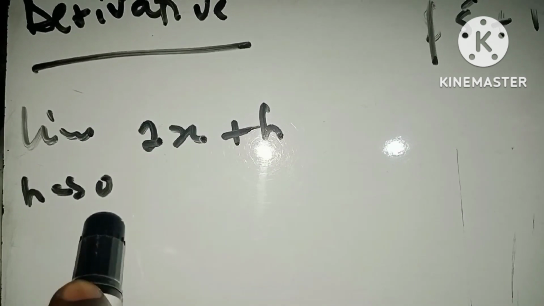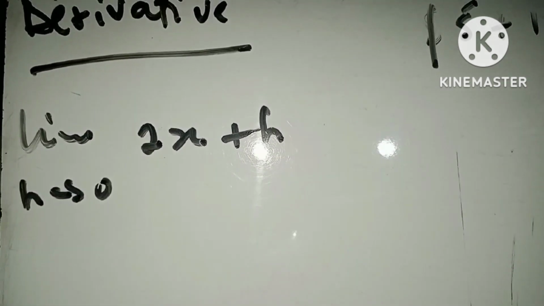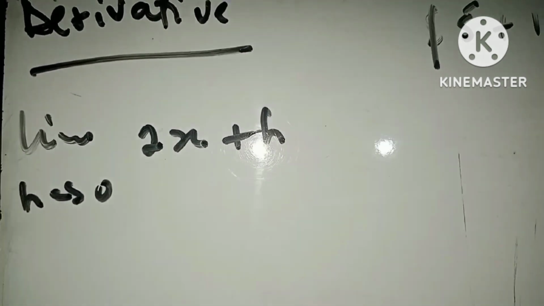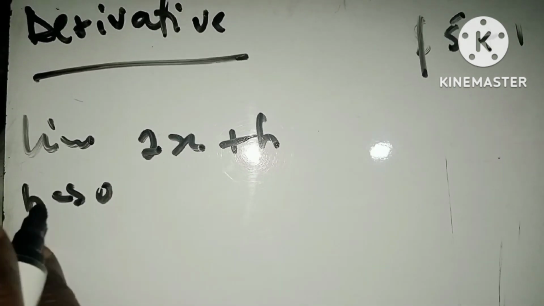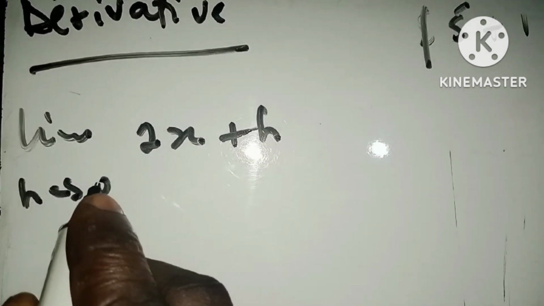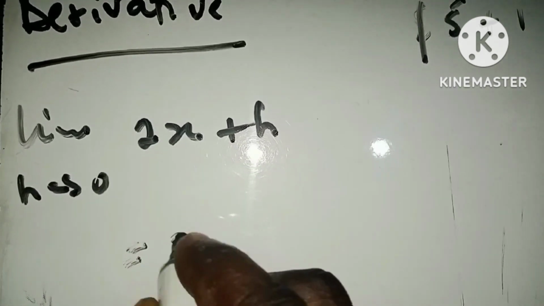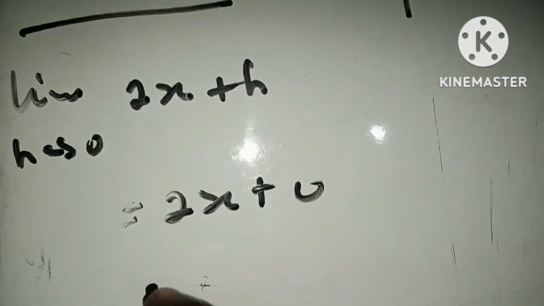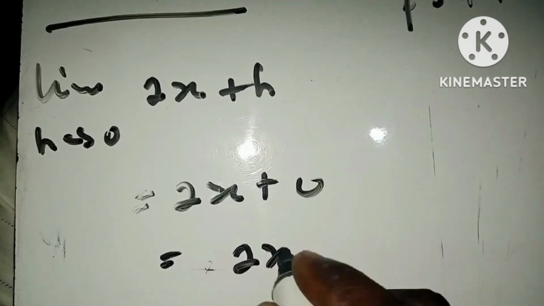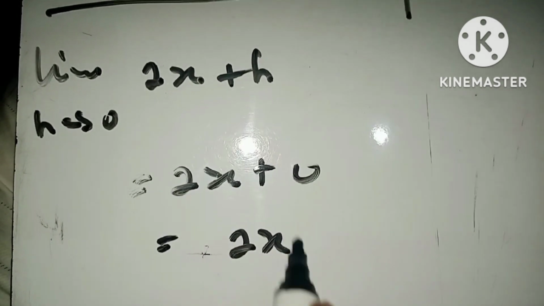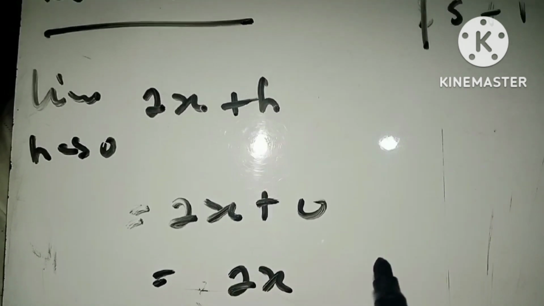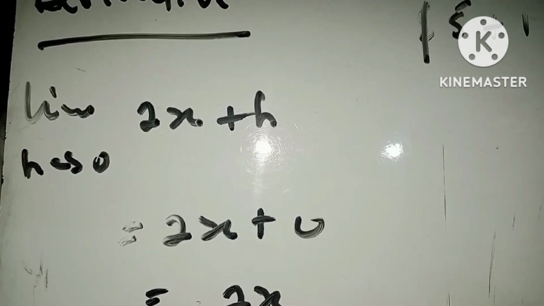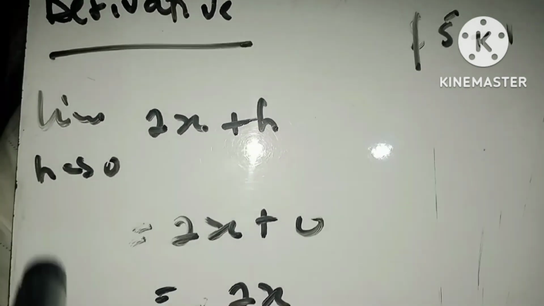So the assumption is that if nothing happens to the changes of the price over time here, then by plugging in the value of zero, we have 2x plus 0, which is equal to just 2x. So the change remains as it is, right? There's no increment. Is that okay? So this is just an assumption.